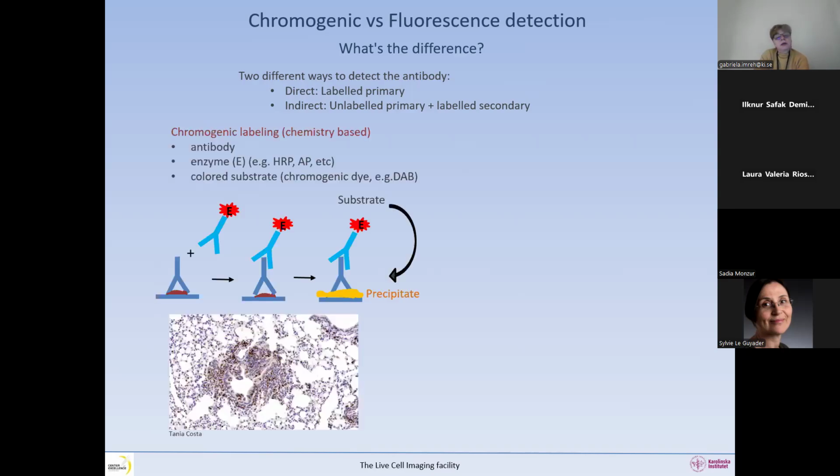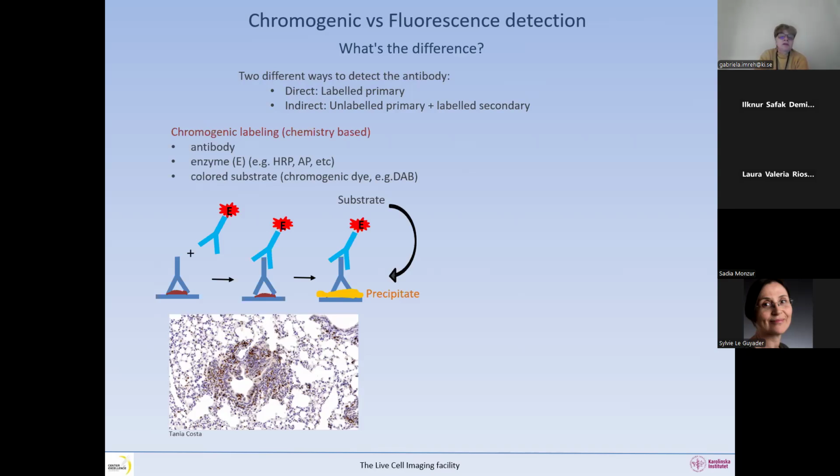When we are performing chromogenic labeling, the antibody, either directly or indirectly, will be labeled with an enzyme. The most commonly used enzymes are horseradish peroxidase or alkaline phosphatase, but there are probably a few more.